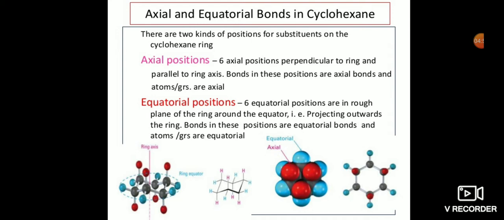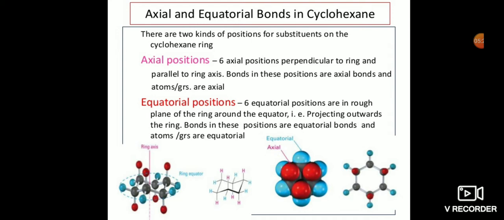We will discuss it in detail. Axial positions: 6 axial positions are perpendicular to the ring and parallel to the ring axis. That means they are parallel to the ring axis and perpendicular to the ring.